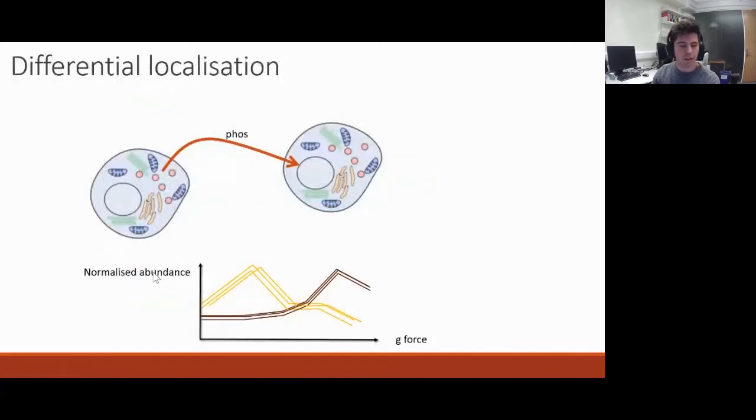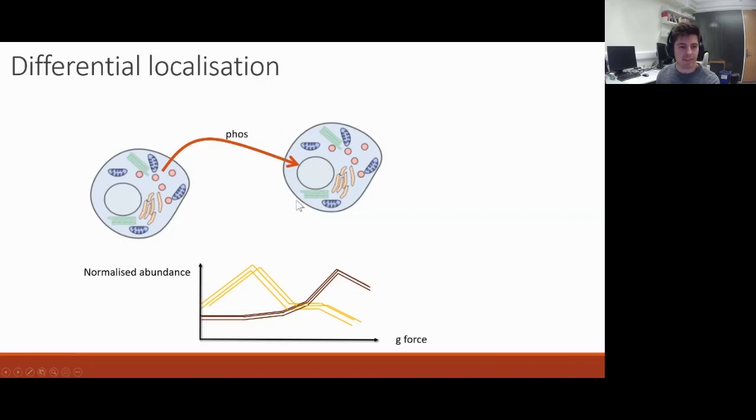Now, some phosphoproteins have a different localization to their parent protein. So for example, the parent protein might be located to the cytosol, and when it's phosphorylated, it translocates to the nucleus, or simply a nuclear pool of that protein just happens to be phosphorylated as well.